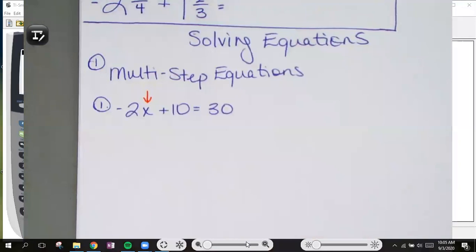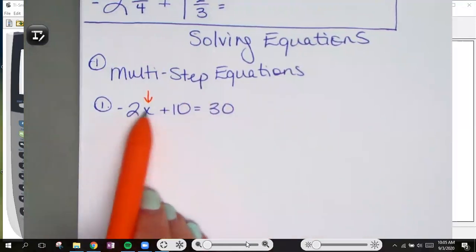You want to isolate the variable, which is just a fancy word of saying get it by itself. We have to quarantine the variable.